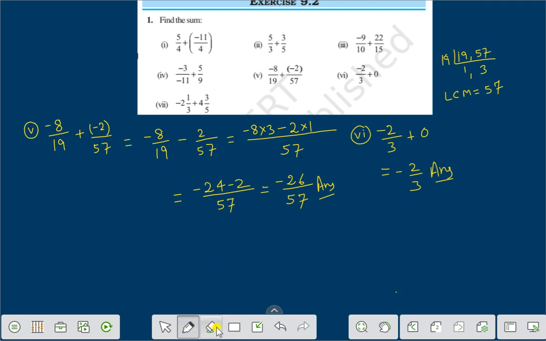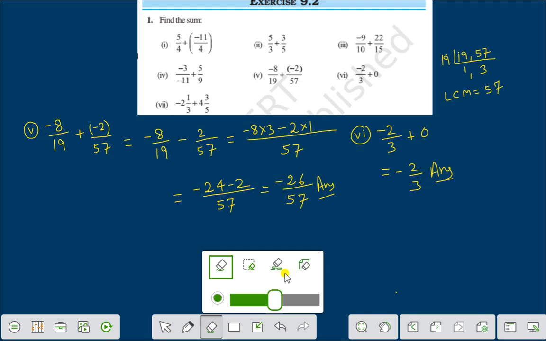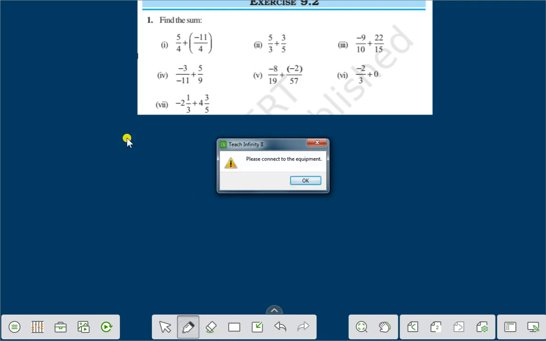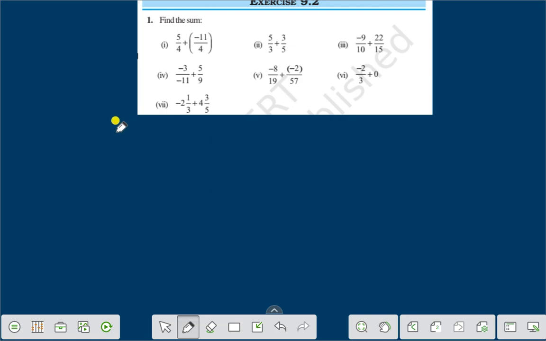Now question number 7. Question number 7 is minus 2 whole 1 by 3 plus 4 whole 3 by 5.